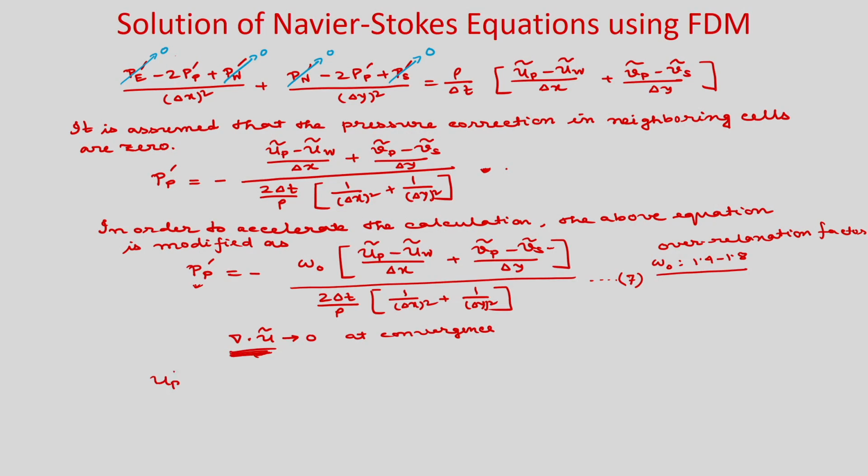And once p prime is known, you can update the velocities as u p n plus 1 is equal to u p tilde minus delta t by rho delta x times (p e prime minus p p prime), and v p n plus 1 as v p tilde minus delta t by rho delta y times (p n prime minus p p prime).